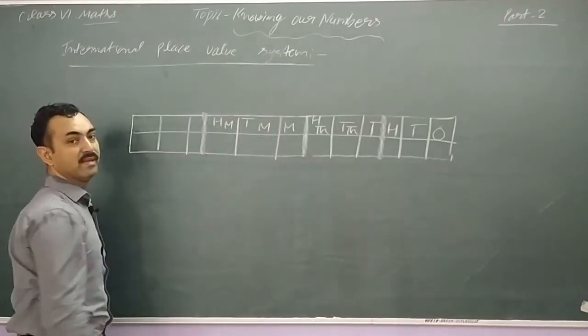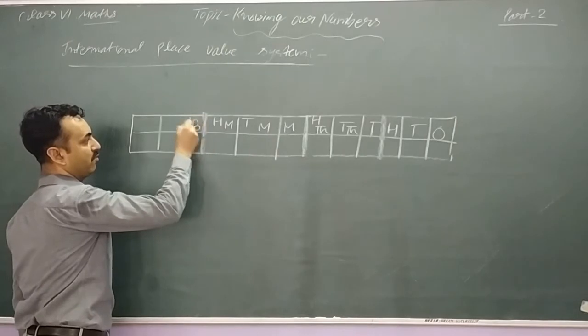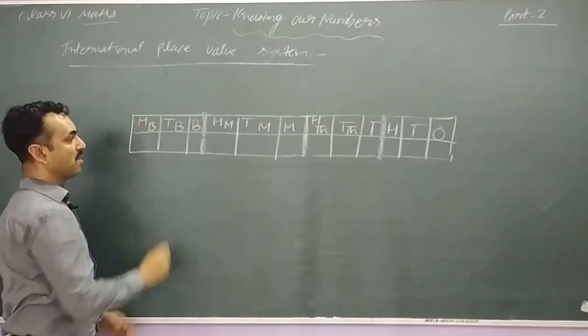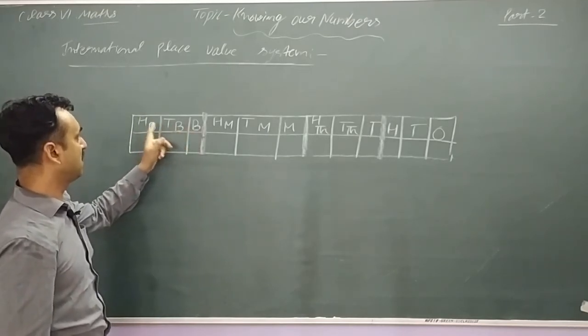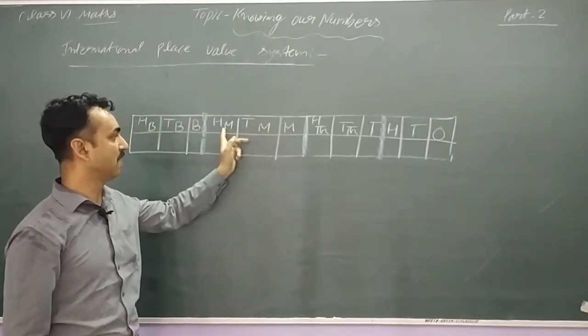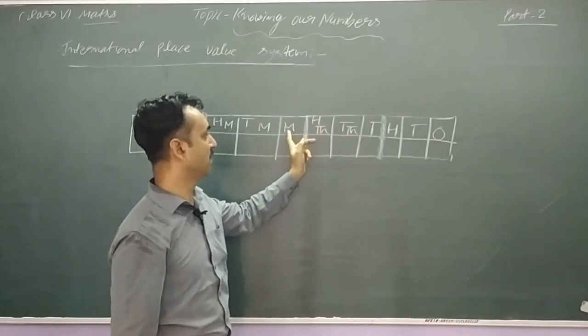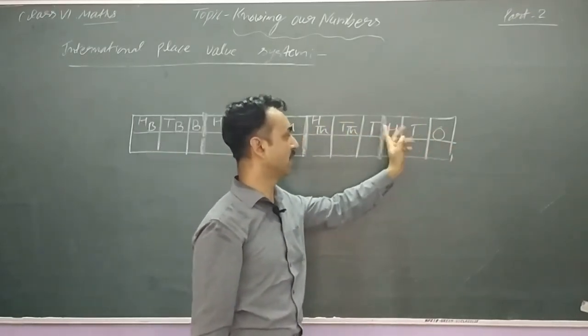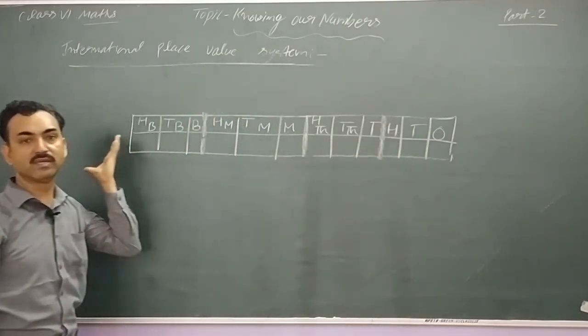And then after million it becomes billion. B for billion. After billion, 10 billion and 100 billion. So in this system we will make groups of 3, 3.